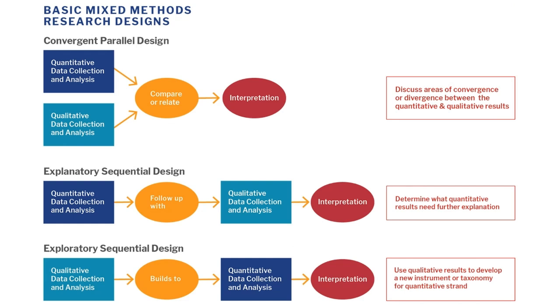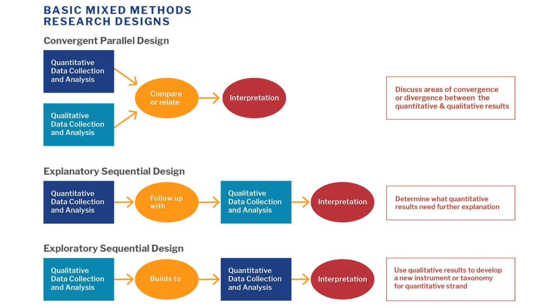So maybe just then, we've spoken about the explanatory and exploratory sequential designs, but these can also be convergent and parallel designs, where we can collect data for both phases at the same time. So that is then convergent. So we would do both of these phases and then compare or relate and then interpret.